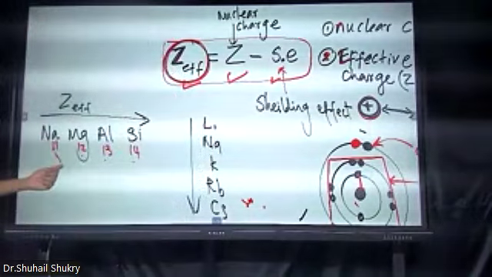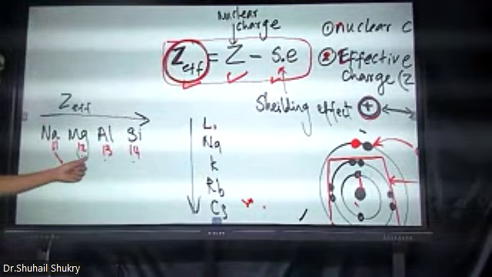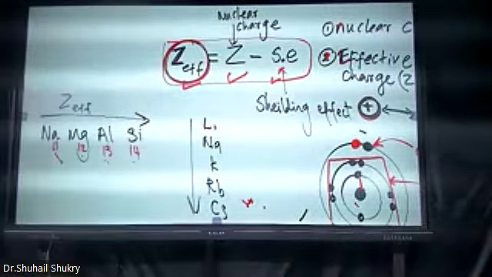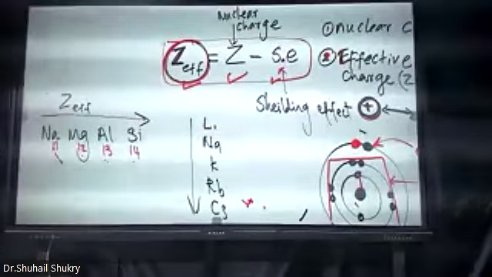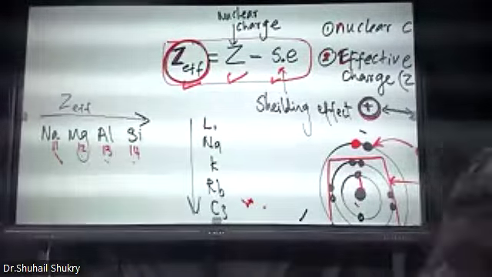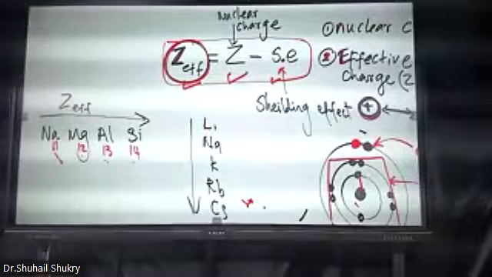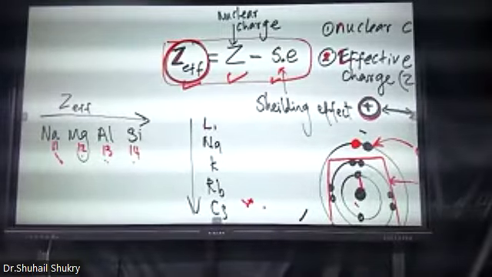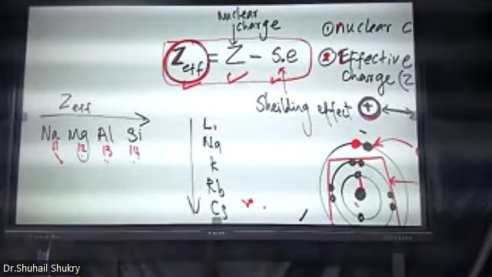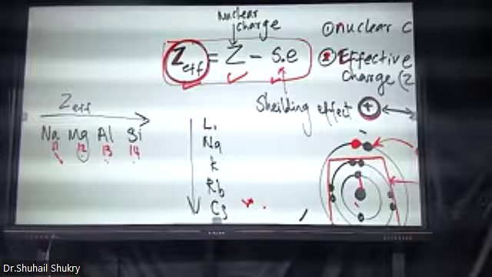Protons. So what's happening to the protons? Protons mean positive charge, and the positive charge is increasing. When the positive charge is increasing, what will happen to the nuclear charge? It should increase. Can you understand?